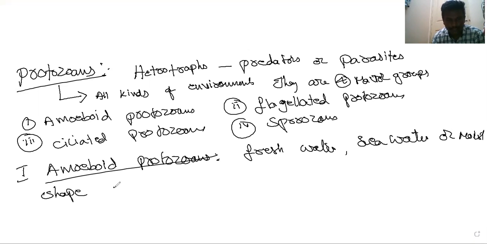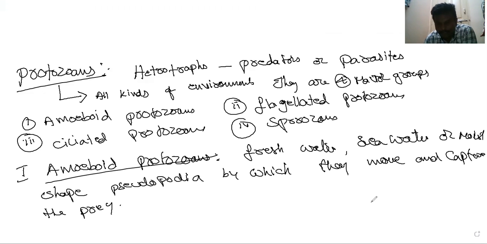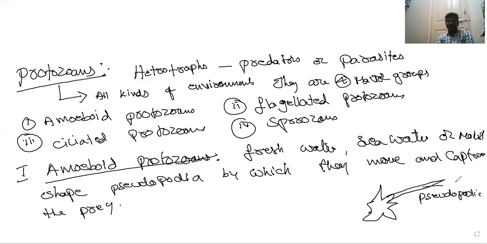They have pseudopodia, by which they move and capture the prey. For example, an amoeba is shapeless and extends pseudopodia. They can extend pseudopodia in any direction for locomotion and to engulf the prey.